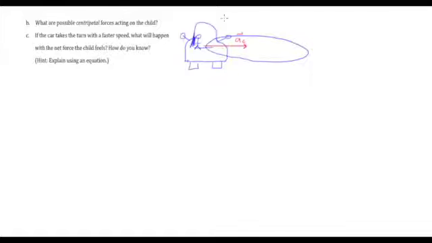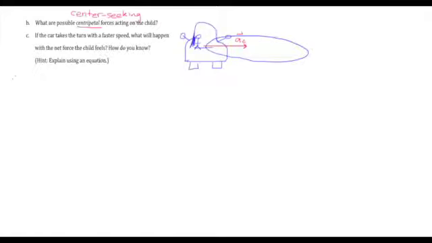So I'm going in a circle, so I must have some centripetal or center-seeking forces, and realize those center-seeking forces must be in the same direction as my acceleration. We actually have quite a few that we could make a case for. There were two main ones that I wanted.